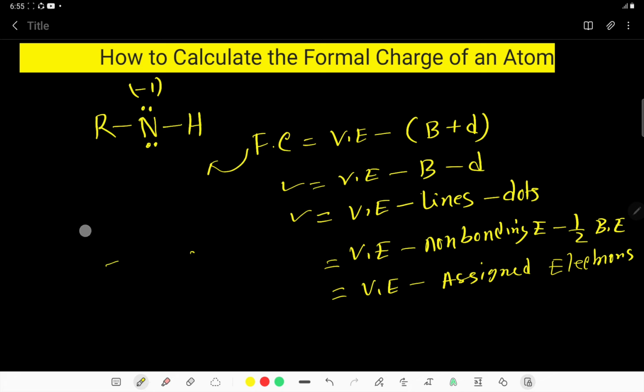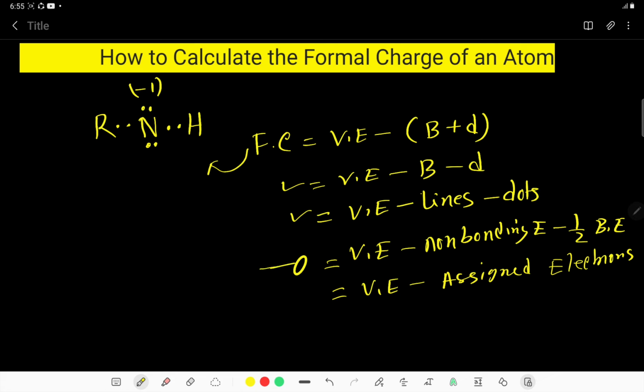Now use this formula: valence electron minus non-bonding electrons minus half of bonding electrons. To use this formula, we'll change each line into 2 dots, right?